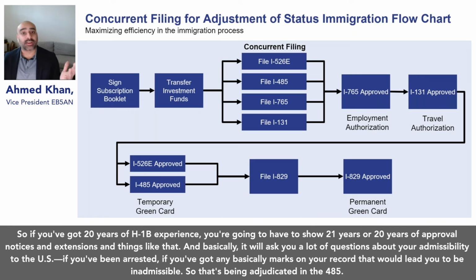So if you've got 20 years of H-1B experience, you're going to have to show 20 years of approval notices and extensions and things like that. And basically, it will ask you a lot of questions about your admissibility to the U.S., if you've been arrested, if you've got any marks on your record that would lead you to be inadmissible. So that's what's being adjudicated in the 485.